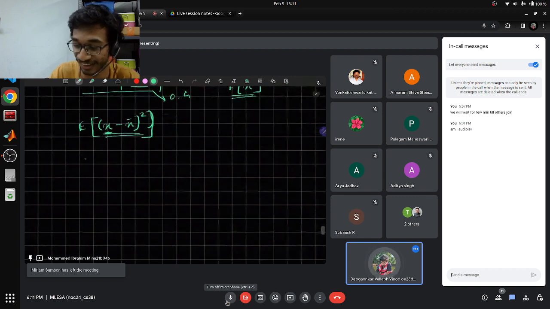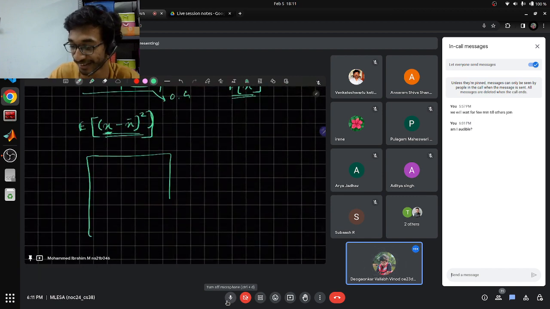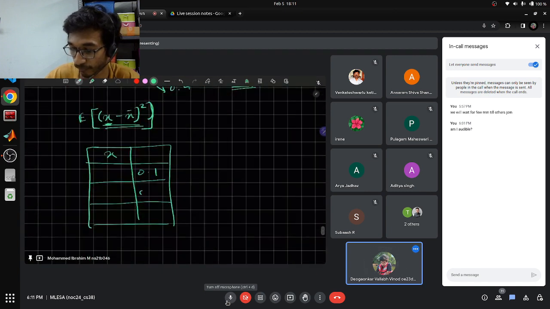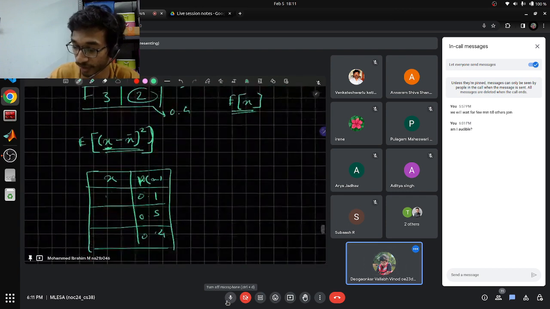Okay, let's again take some dummy data. This time maybe let's take the probabilities themselves. So what numbers did I do? 0.1, 0.5, 0.4, and the weightage of x, or p of x, whatever you want to call it, and the values 1, 2, and 3.